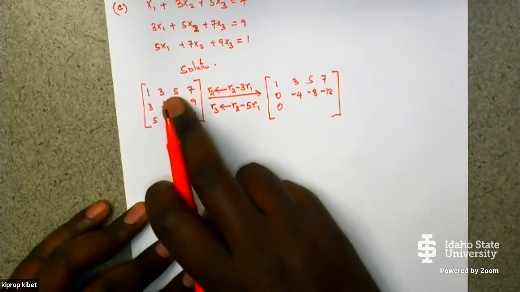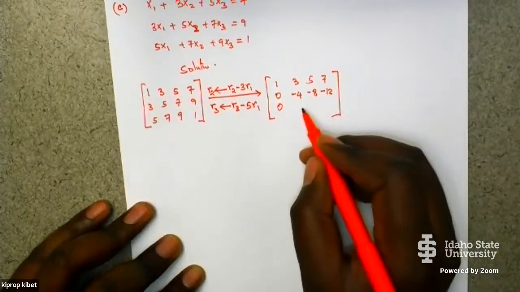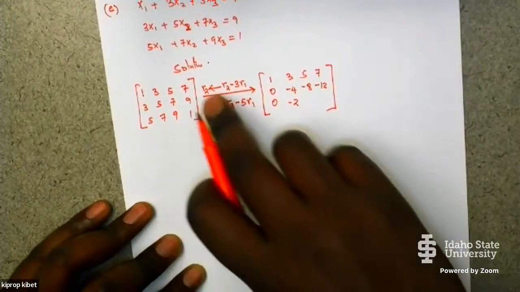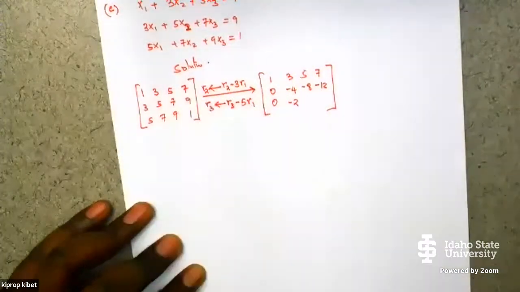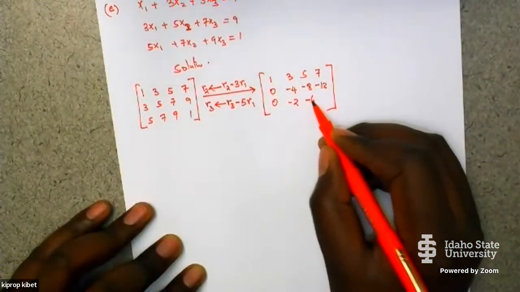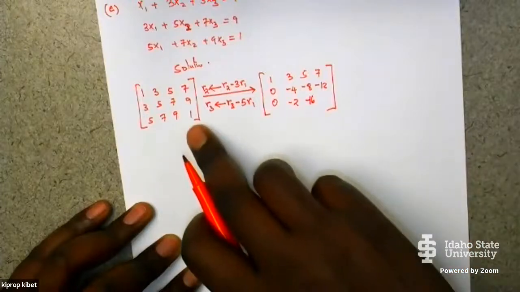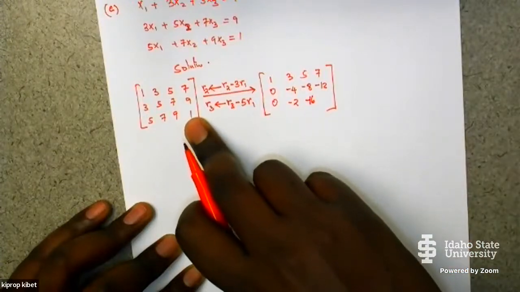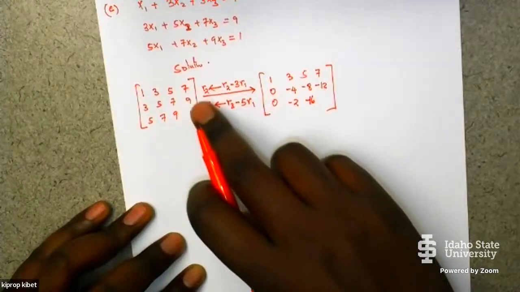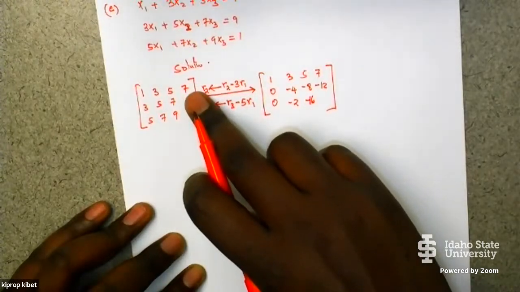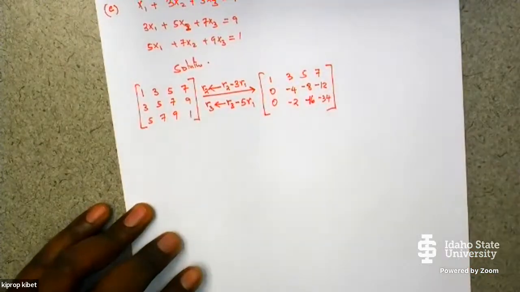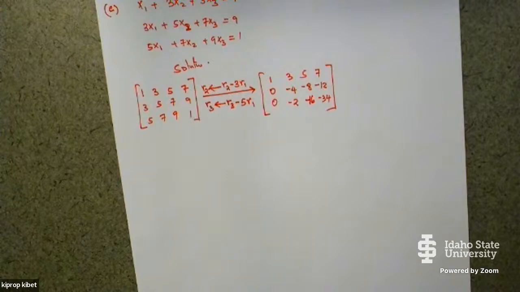7 minus 9 is what? It's minus 2. And then 9 minus 25 is minus 16. And then finally, 1 minus this is what? 35, right? We get minus 34.